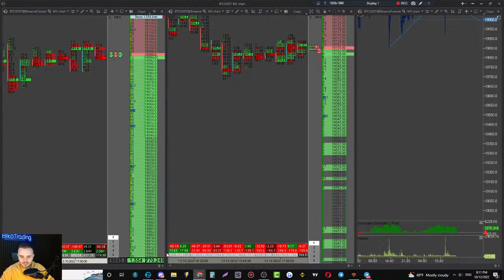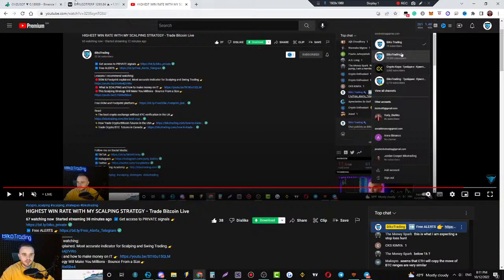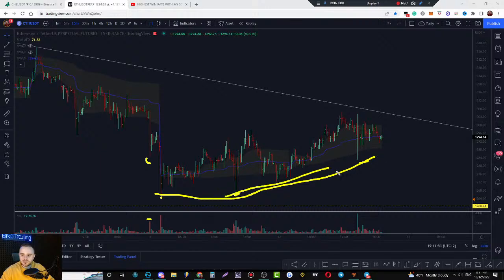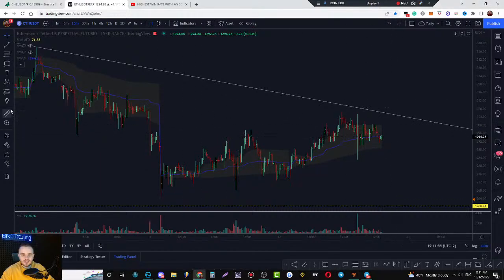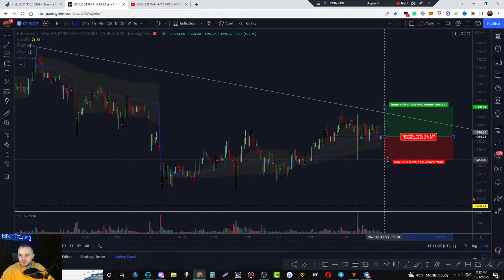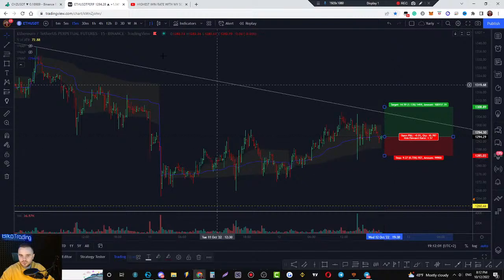But you do not take a short on Ethereum when you see something like this: biggest volume at the bottom, so many times biggest volume at the bottom, and price started rising slowly. It is a place where you take a trade. Better to take a local long than a short.